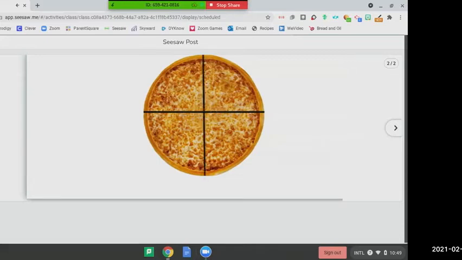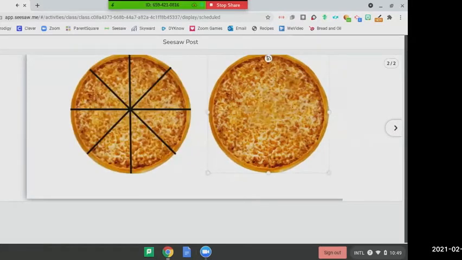Now I cut it into 4 pieces, but it's still the same size whole. I'm just getting smaller pieces. And my pieces are still getting smaller, but again, my whole pizza is still the same size as it was from the very beginning.